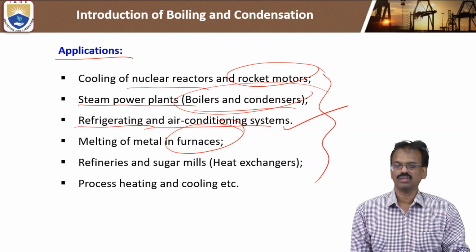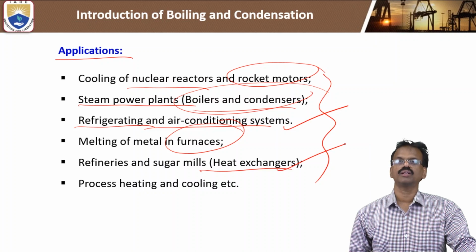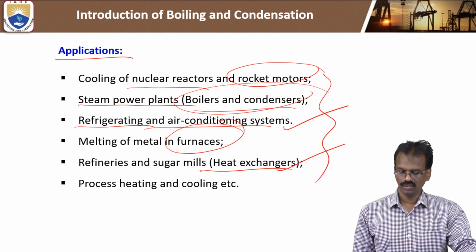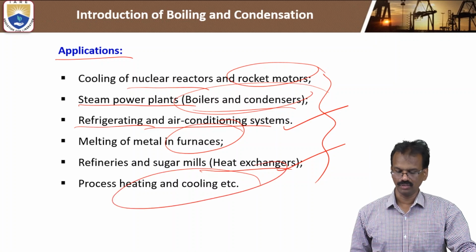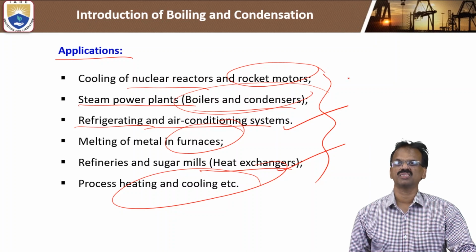In furnaces also these applications are very important. Next, refineries and sugar mills for heat exchanger processing. Here also we'll see this type of application. And process heating and cooling. So heating and cooling of processes, here also we'll see these applications.